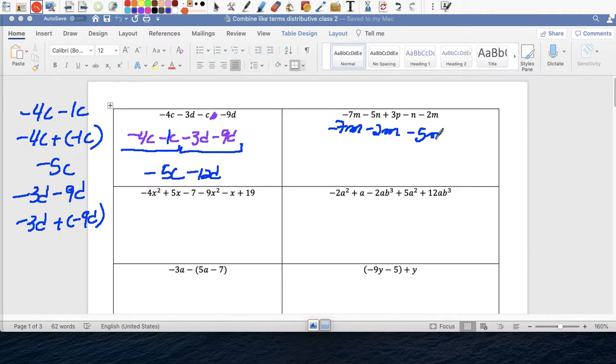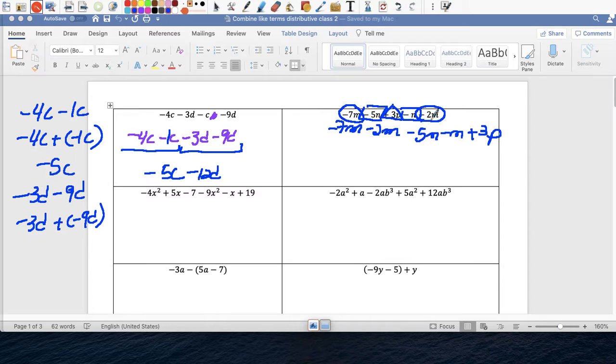Minus 5n minus n plus 3p. Please notice that when you move, okay, so if you want to circle them, you always circle the term and the sign preceding it. So when I circle the 2m here, I circle the 2m with that minus sign. Okay, and again, let me, for this problem, put them in rocks. So imagine if these were rocks and were to move them around, right?